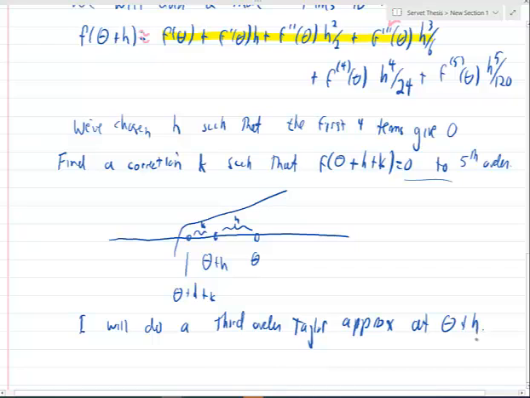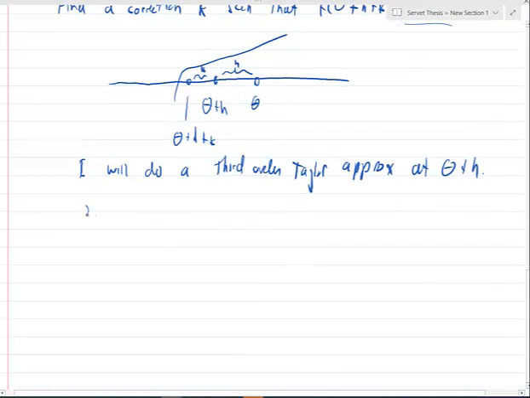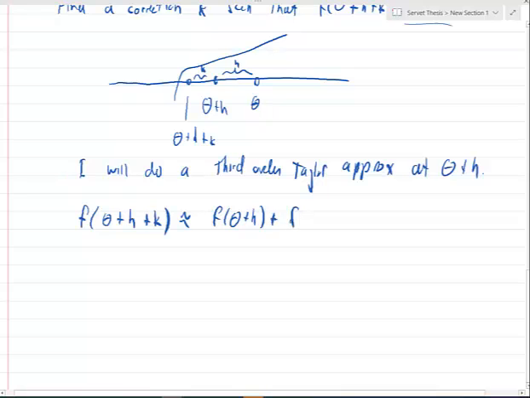So what I have is that f of theta plus h plus k is approximately equal to f of theta plus h plus f prime of theta plus h times k plus f double prime of theta plus h times k squared over 2, and then plus f triple prime of theta plus h times k cubed over 6. So I will find k.